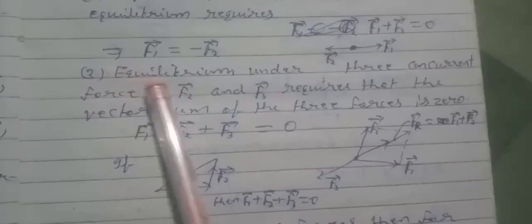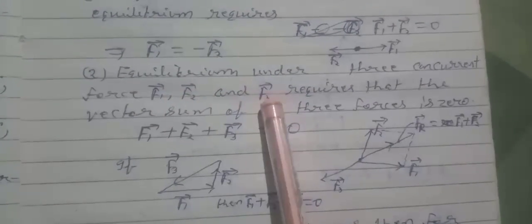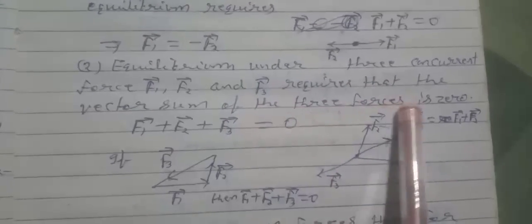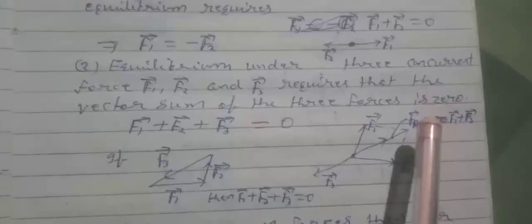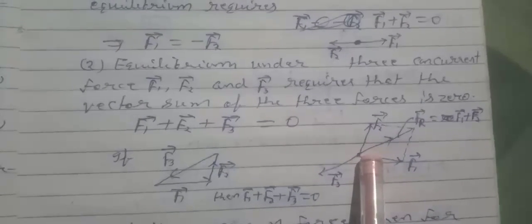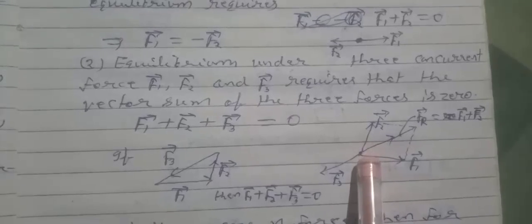Second case, equilibrium under three concurrent forces F1, F2 and F3 requires that the vector sum of the three forces is 0. Concurrent means the forces act along a point.